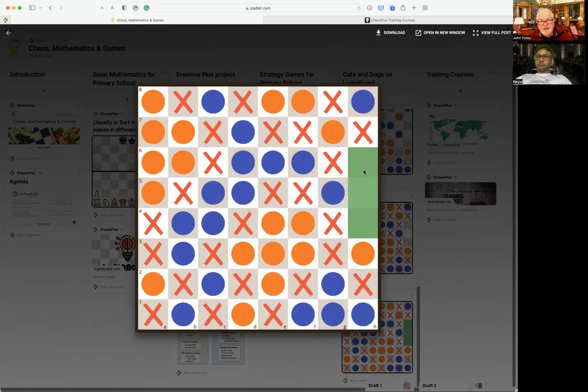Is there anything to choose between H5 and H6? H5. Why would you say H5, Kea? Because then the orange will not be able to come on H4 and H6 as it is against the rule. It cannot be adjacent to the blue. Yeah, excellent, that's right.